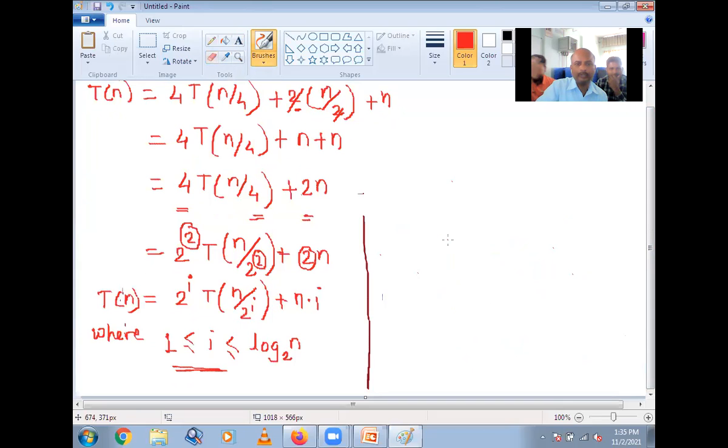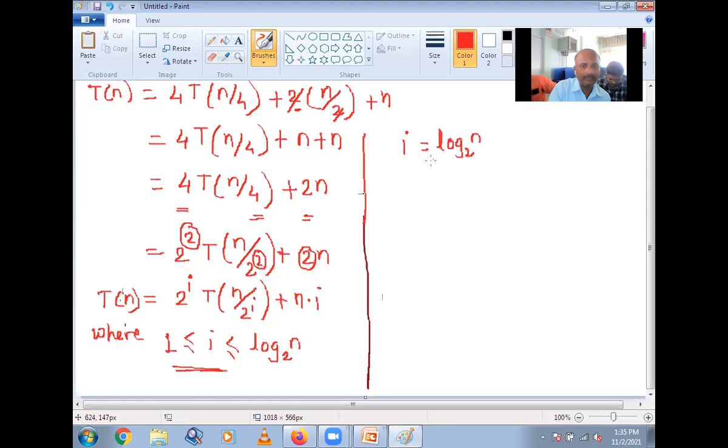We put the value of i here, since first we have taken n is large. We consider i is equal to log of 2 raised to n.